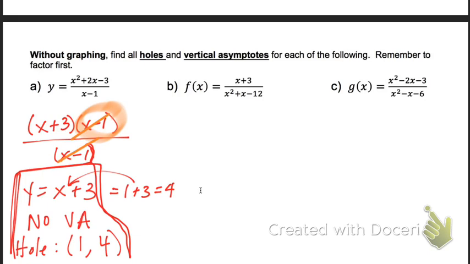Okay, try part B. So here, like I said, it's okay not to have a hole. There's no hole.